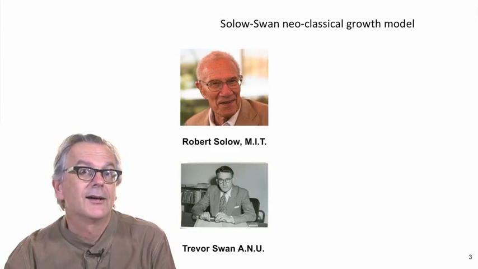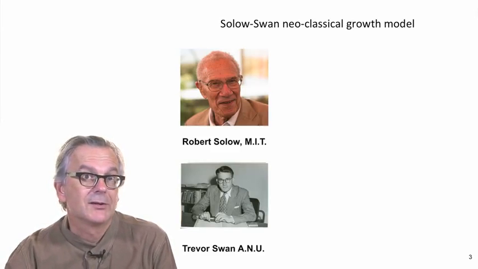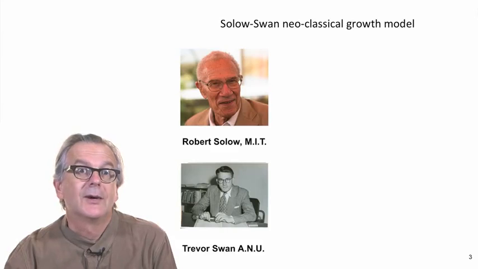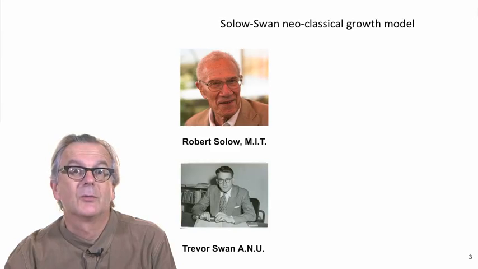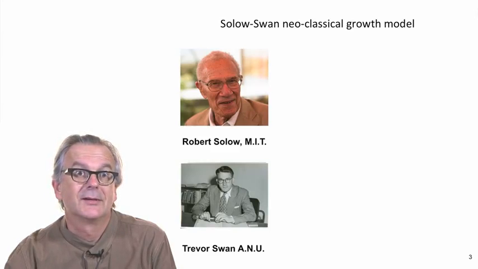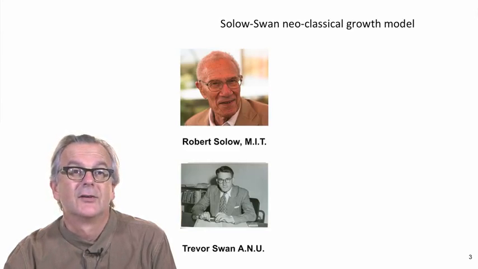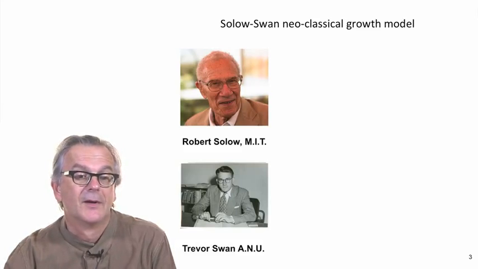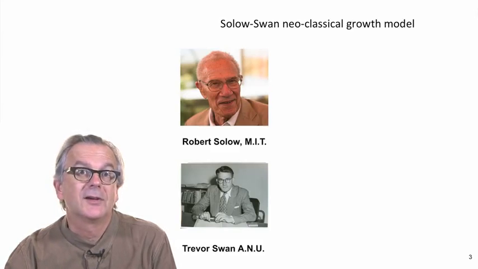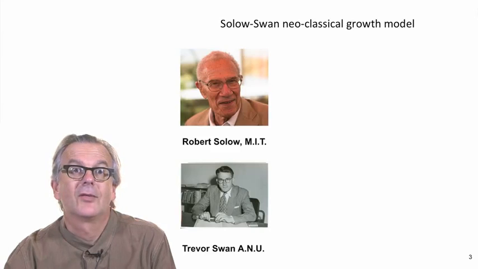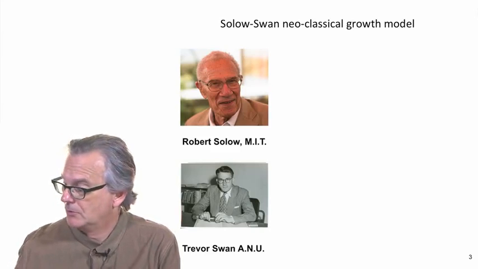They were working entirely independently, pretty much at the same time, trying to answer the same question: what is the nature of the economic growth process and what fundamentally matters for that process, and came up with pretty much the same mode of analysis. It's quite a remarkable coincidence. It's not one that happens very often, but it's something I think we should recognise in labelling this particular way of thinking about economic growth, the Solow-Swan model.